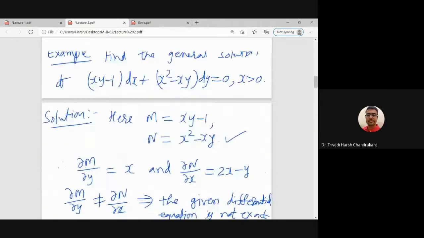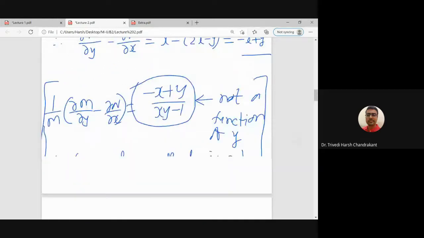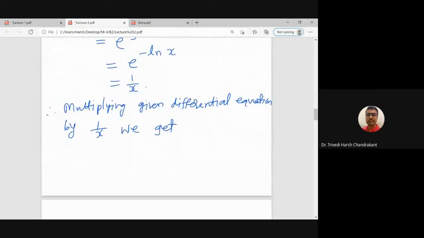The given differential equation was xy minus 1 times dx plus x square minus xy dy is equals to 0. So if we multiply by 1 by x, we get y minus 1 by x dx plus x minus y dy is equals to 0. So let us write down that the new differential equation, that is y minus 1 by x dx plus x minus y dy is equals to 0.